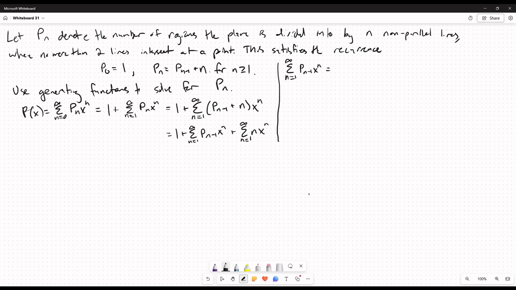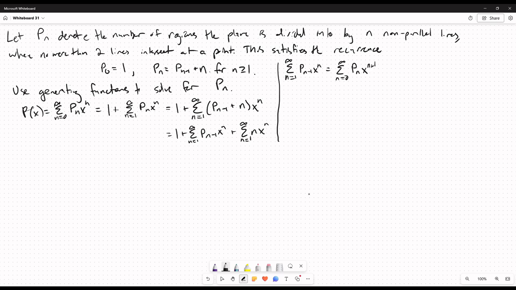In this case, we wanted the first term to have a P of 0 up front. So if n starts at 0, that becomes the sum from n equals 0 to infinity. This will just be P of n instead of P of n minus 1, but I need the first term to have an exponent of 1. So this is actually going to be x to the power of n plus 1, just by re-indexing that n.